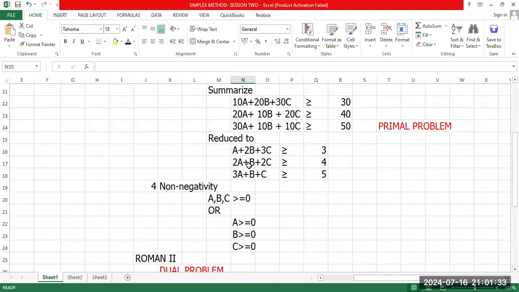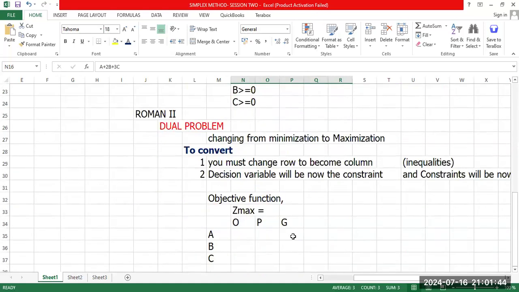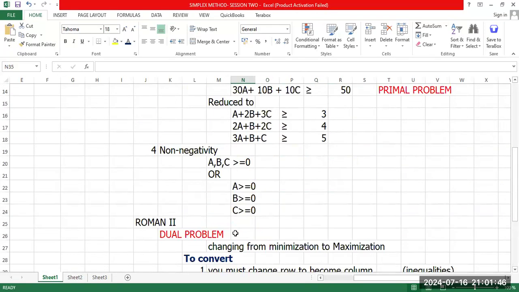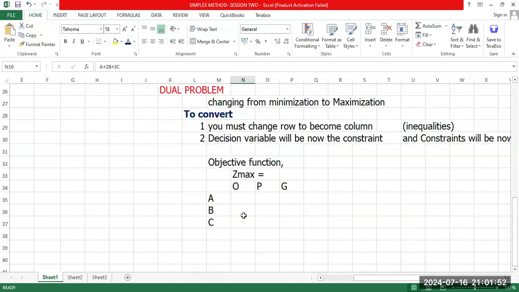So you just come here. This is a row. Just make it a column. So it means that here you are putting the figure. This is 1A, so here I'm going to put 1.